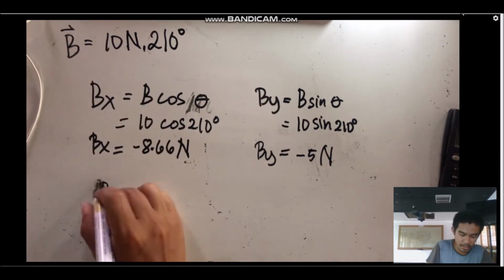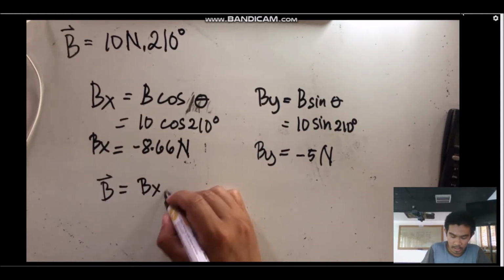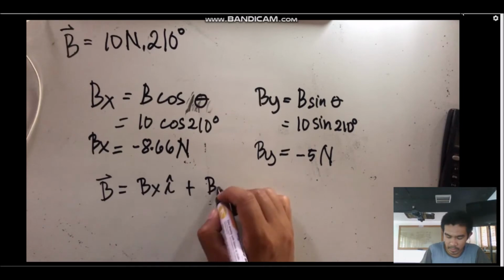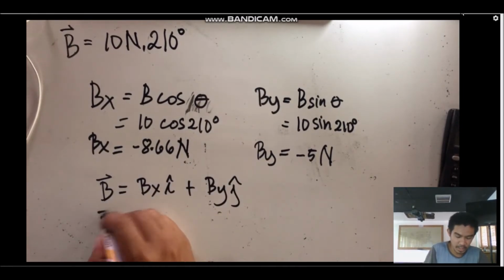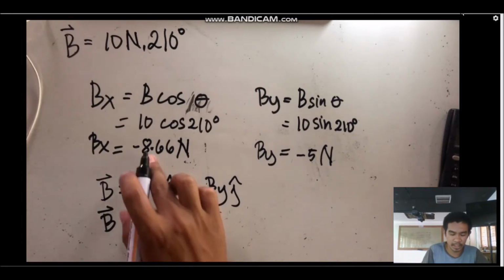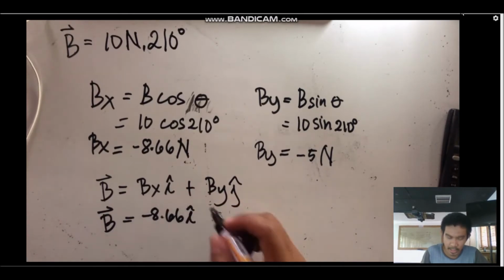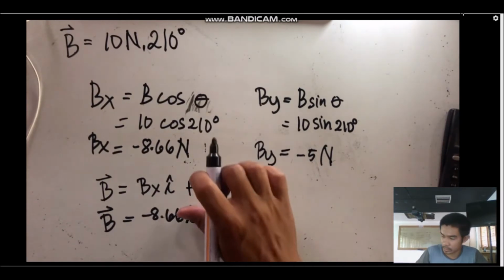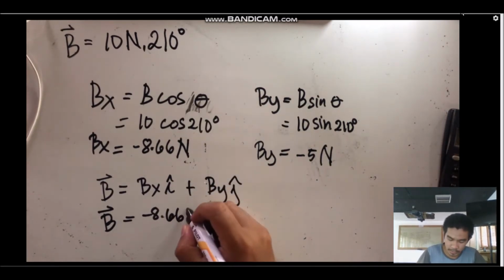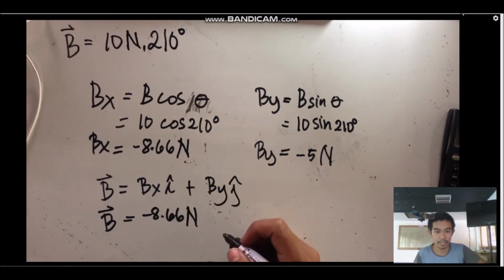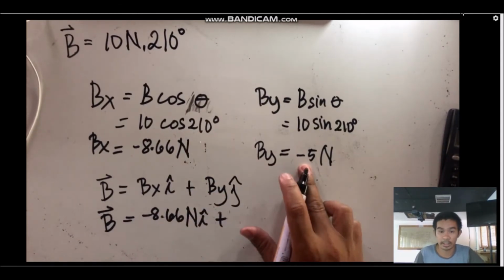Then vector B equals B of x i hat plus B y j hat. What is B of x? That's negative 8.66 Newton i hat, plus the y component, which is negative 5 Newton.